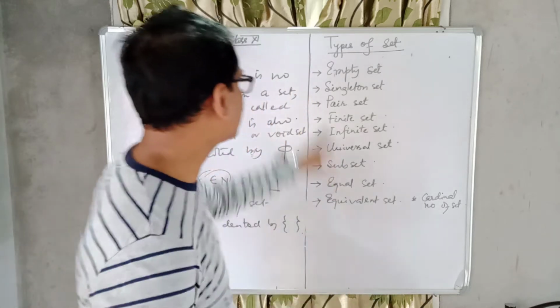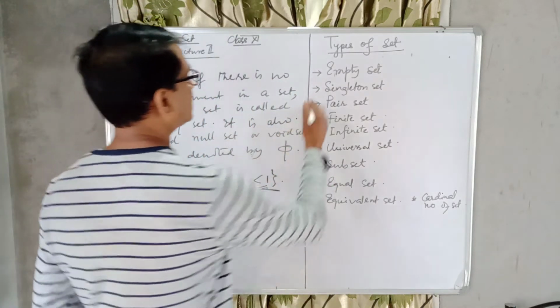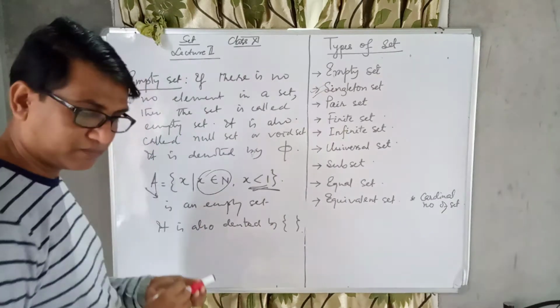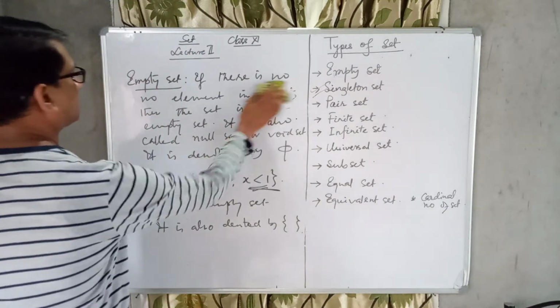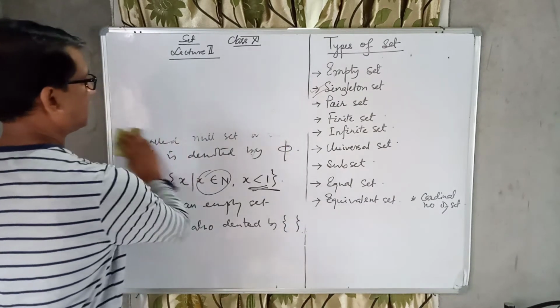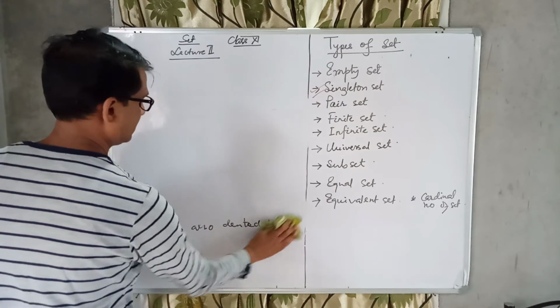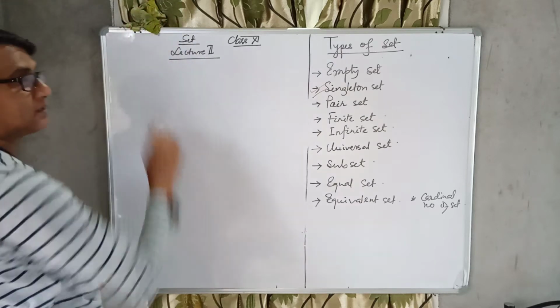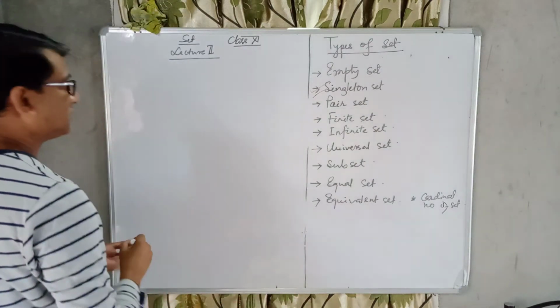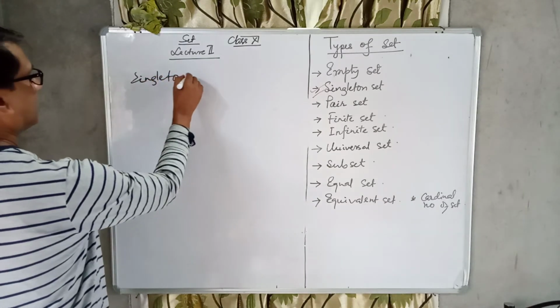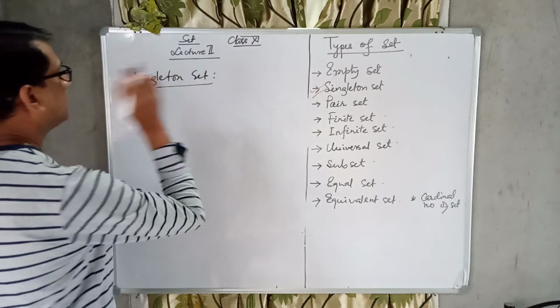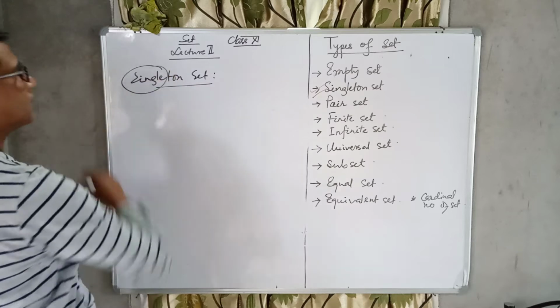Okay. Next is the singleton set. What is a singleton set? Single means only one.